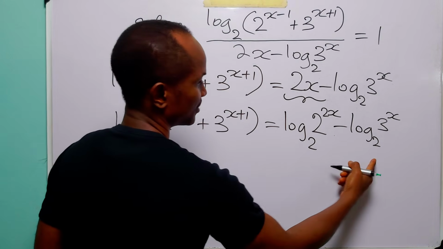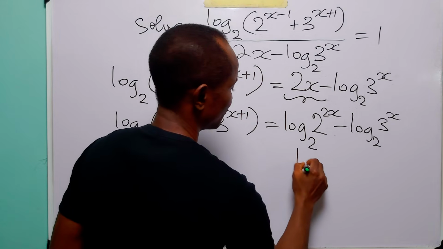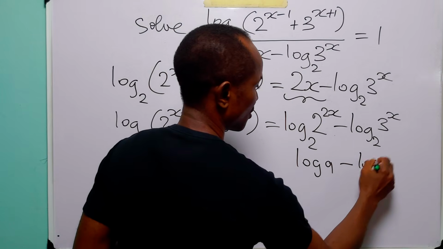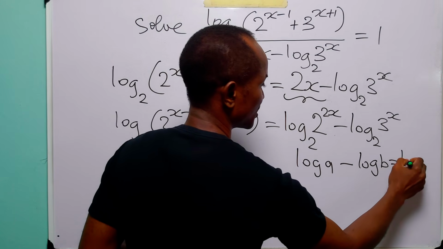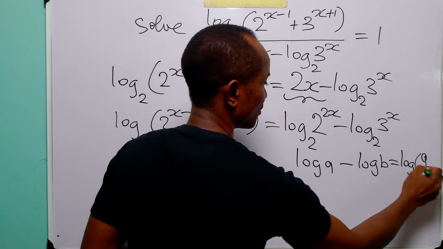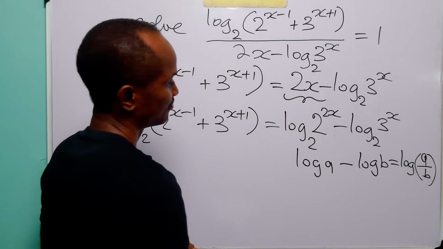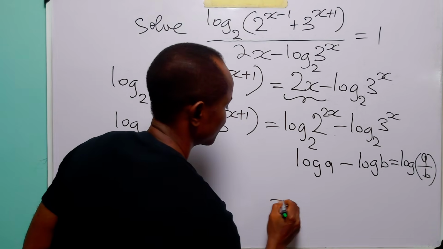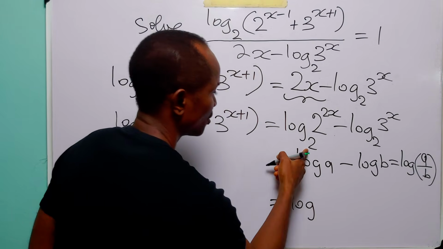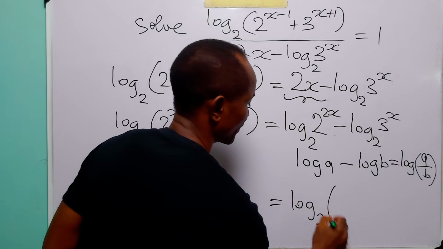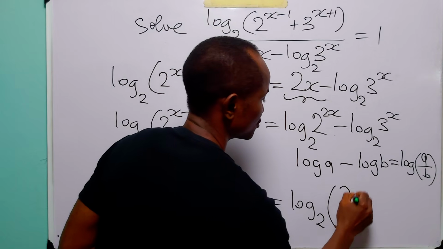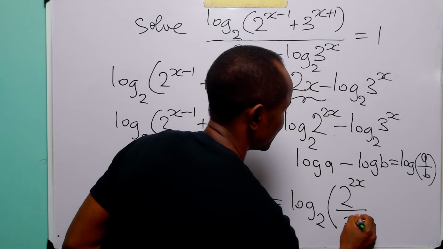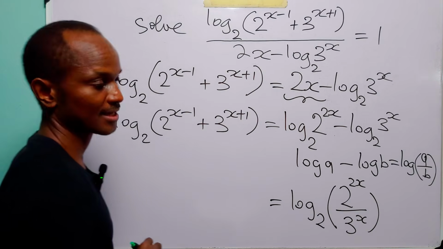Now look at these two, and remember that when we have log a minus log b, this is also equal to log a over b. So that means that this right hand side is the same as log to base 2 of 2 to the power 2x divided by 3 to the power x.